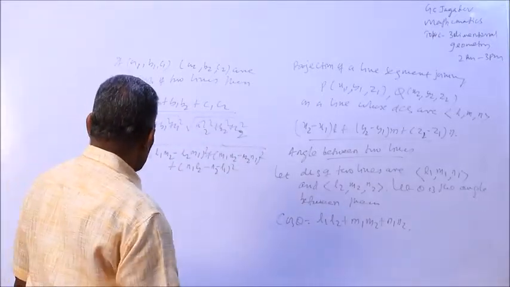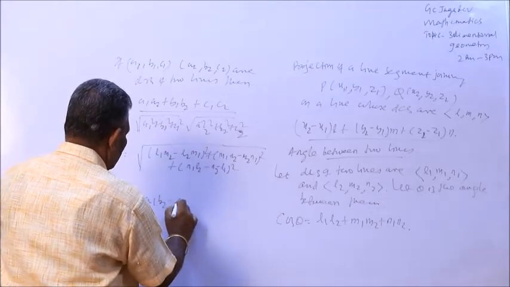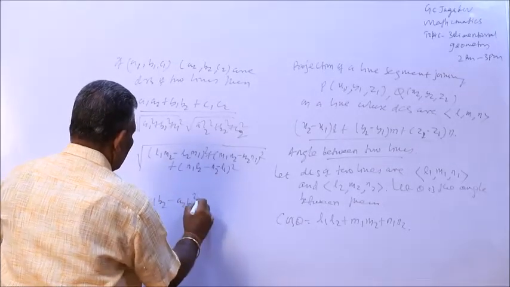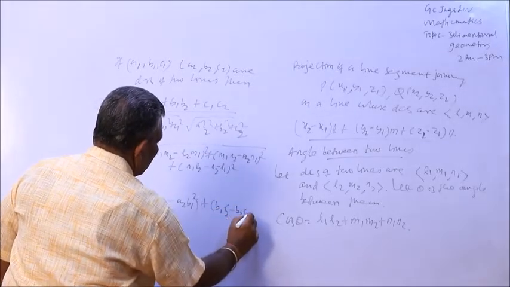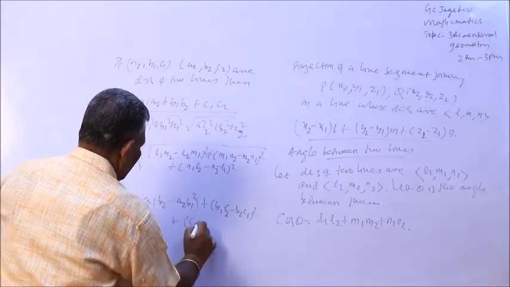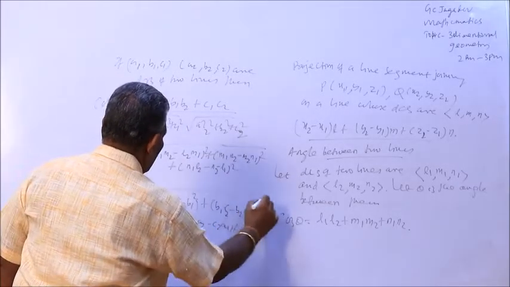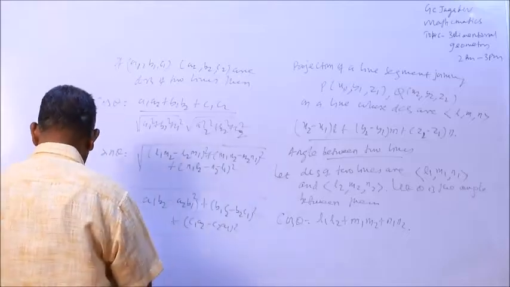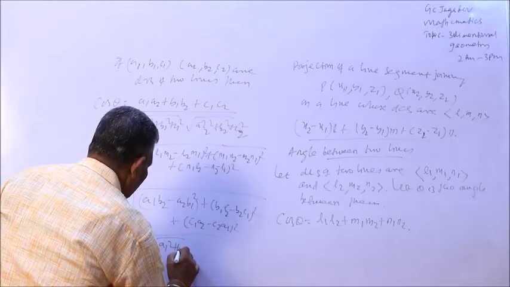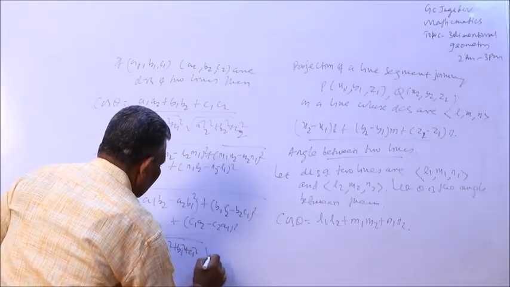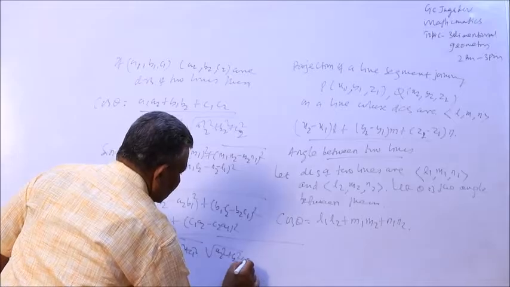In case of DRS, sin theta equals root over of (A1 B2 minus A2 B1) whole square plus (B1 C2 minus B2 C1) whole square plus (C1 A2 minus C2 A1) whole square, divided by root over of A1 square plus B1 square plus C1 square into root over of A2 square plus B2 square plus C2 square, like this.